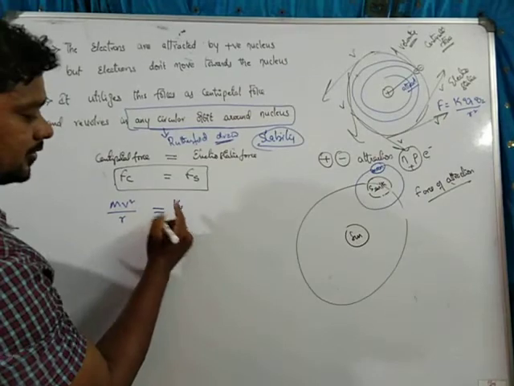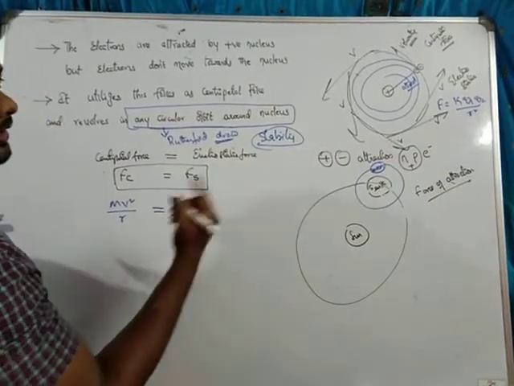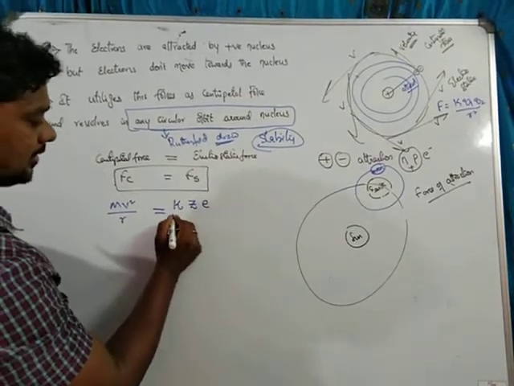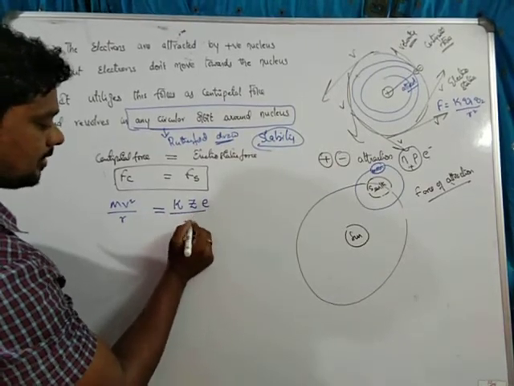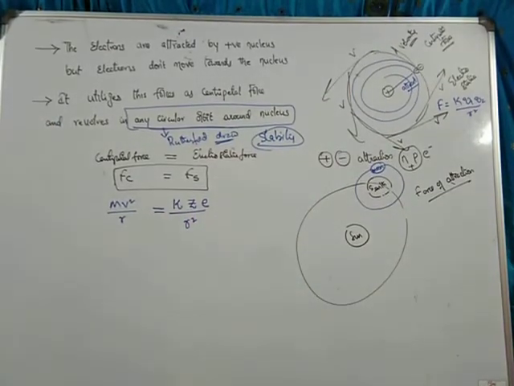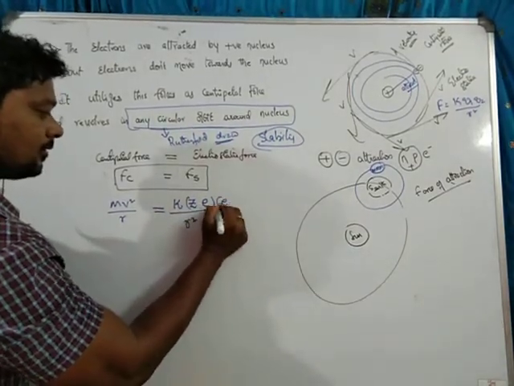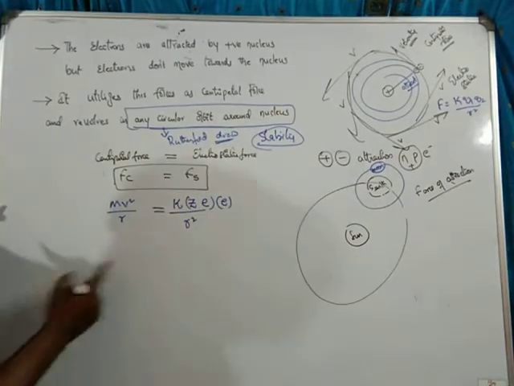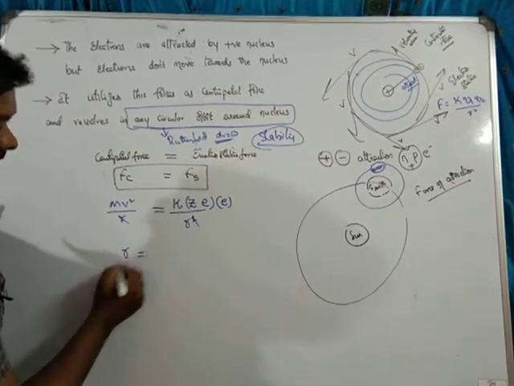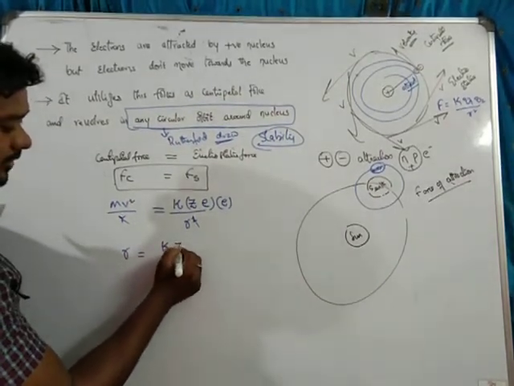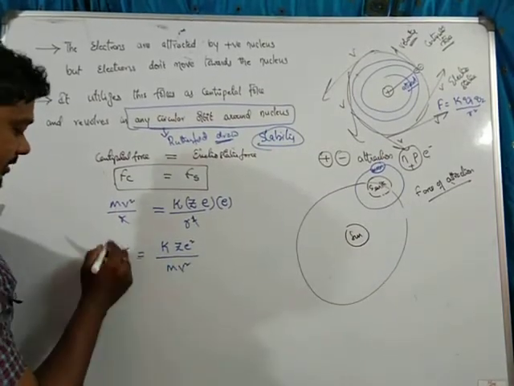So force equals K Q1 Q2 by R square, where Q1 will be the atomic number Z times e, and the other will be the electron charge e, by R square. So R square, R will be cancelled. What will be the R value? R equals K into Z e square divided by m into v square.